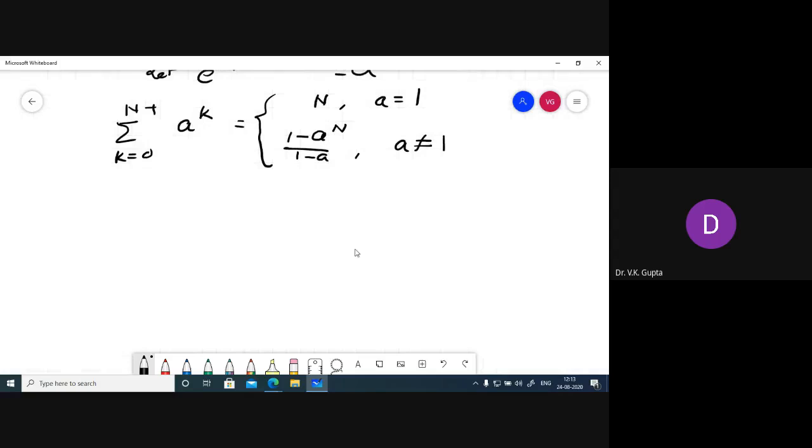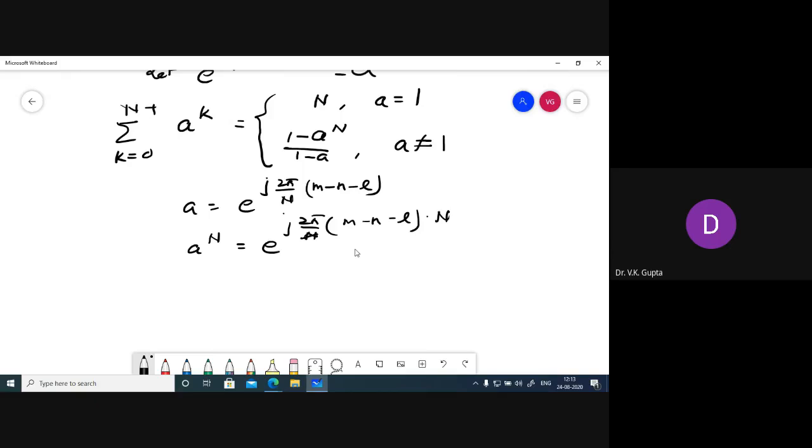Here, a is e to the power j 2 pi by N times (m minus n minus l). So what is the value of a to the power N? It is e to the power j 2 pi by N times (m minus n minus l) times N, and N is cancelled by N.